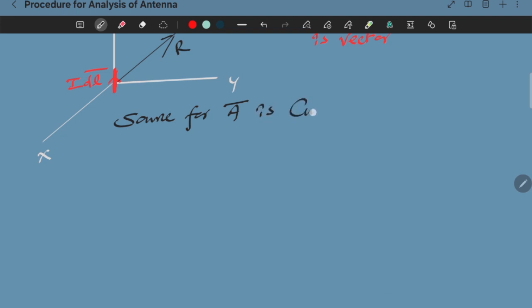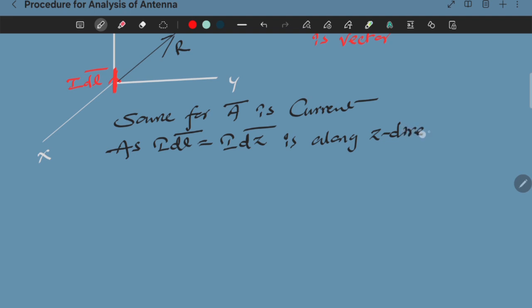The source for A bar is current, as I dl bar is equal to I dl z cap. Why? It is oriented in the z direction. As I dl bar is along the z direction, A bar also is in the z direction.